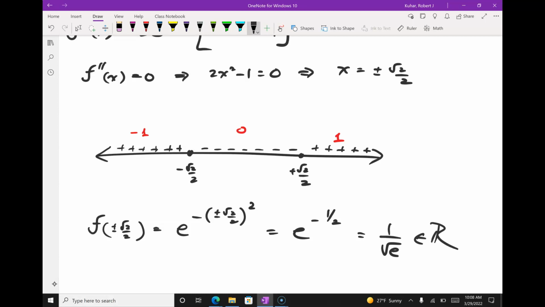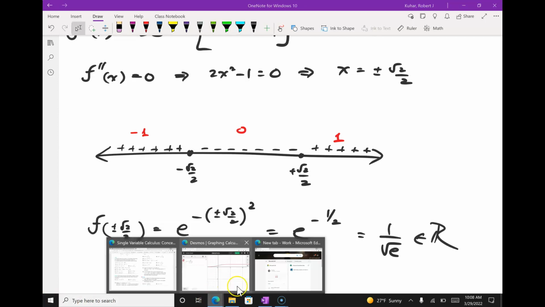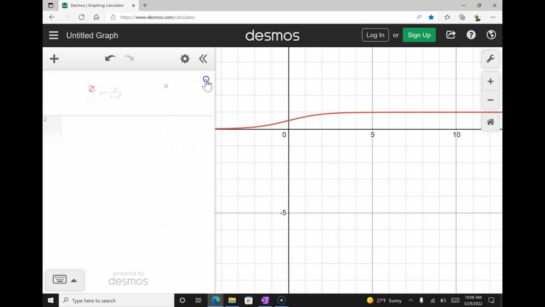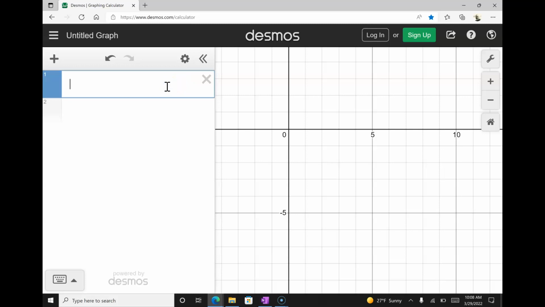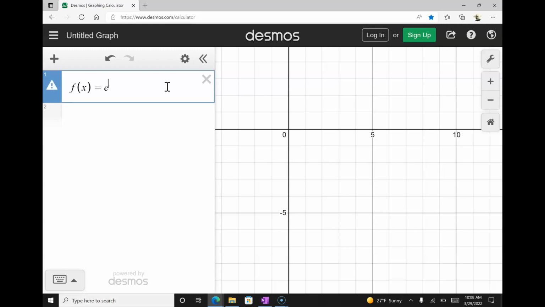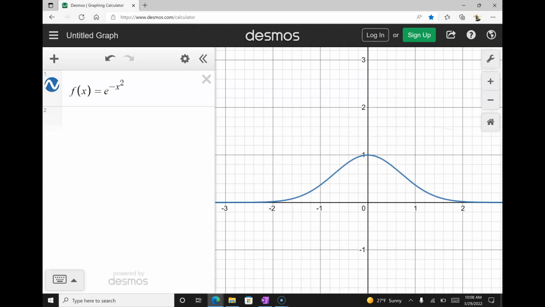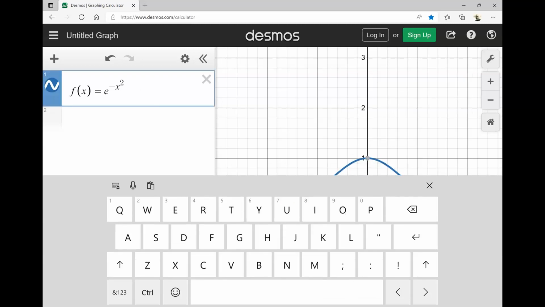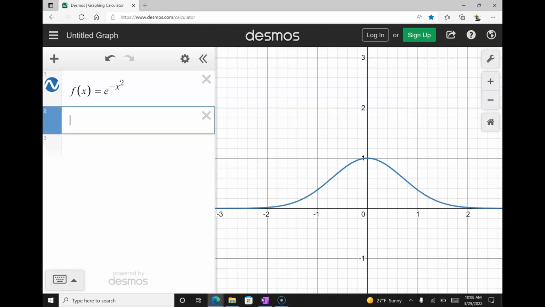No. Yeah. So let me look at Desmos here before I write up my conclusion. I know I'm going to get a local max at 0, 1.